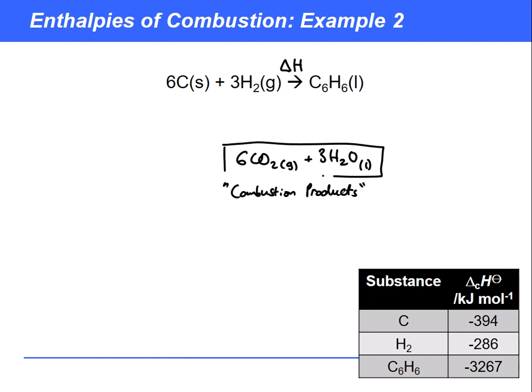These are the combustion products. So we can then connect up our arrows. 6 times the enthalpy of combustion of carbon, 6 times minus 394, 3 times the enthalpy of combustion of hydrogen, 3 times minus 286, and then 1 times the enthalpy of combustion of benzene.